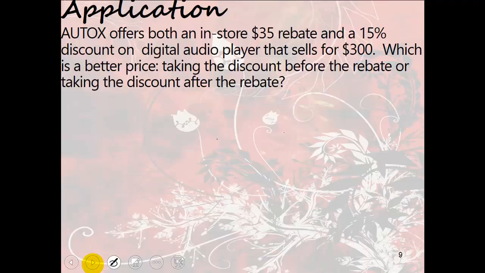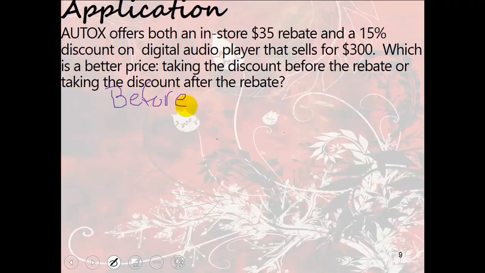All right. So we have this company called AutoX. They're offering an in-store rebate and a 15% discount on a particular digital audio player, and its selling price is $300. So it's asking us which is a better price, taking the discount before the rebate or taking the discount after the rebate. So let's calculate the before first.